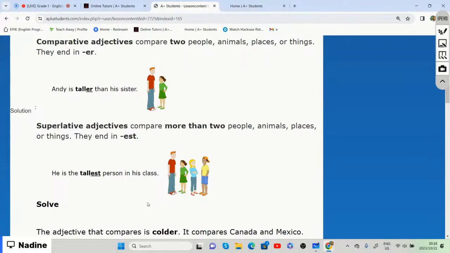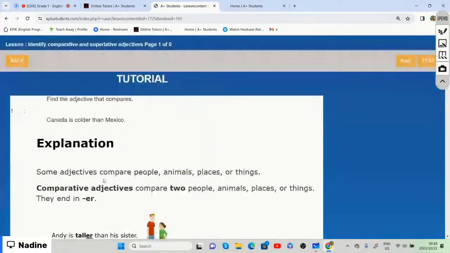All right. We need to find the adjective that compares. Canada is colder than Mexico. If we look at that sentence, we need to identify the adjective that compares within that sentence.